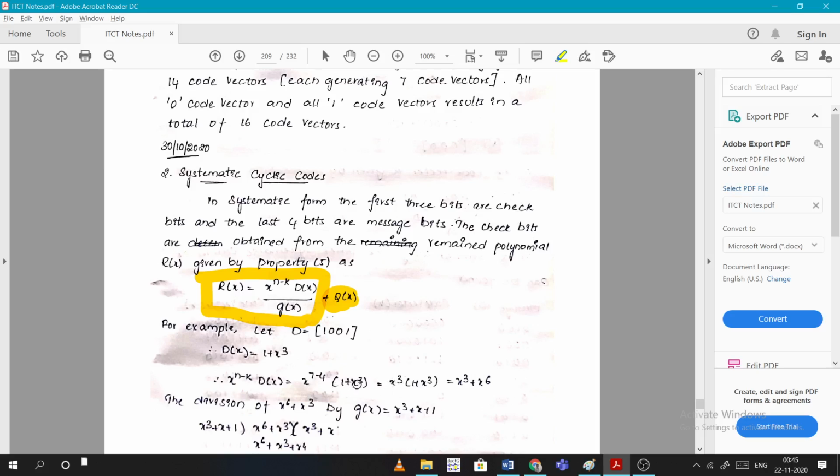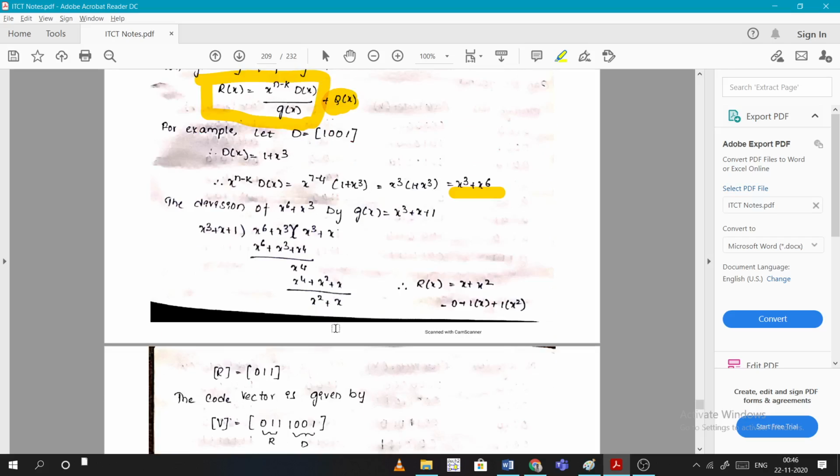We multiplied 1 plus x cube with x cube and got a polynomial. We need to divide this with g of x, and we will get a remainder, that is x square plus x. I already told how to do division in the previous videos. So this is the remainder, x square plus x.